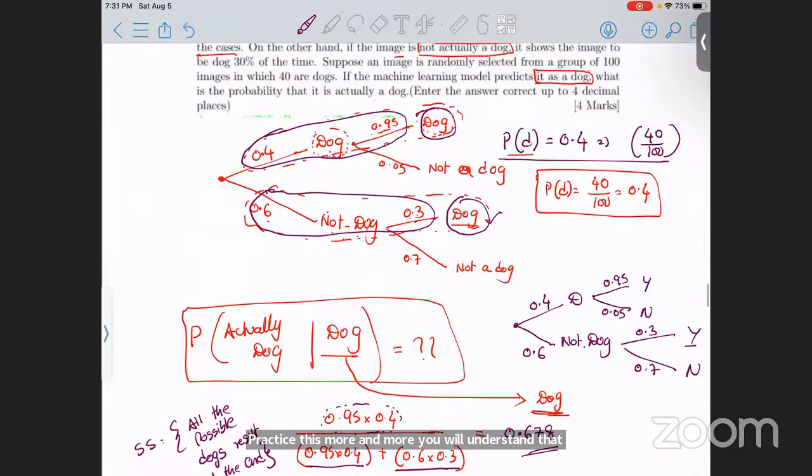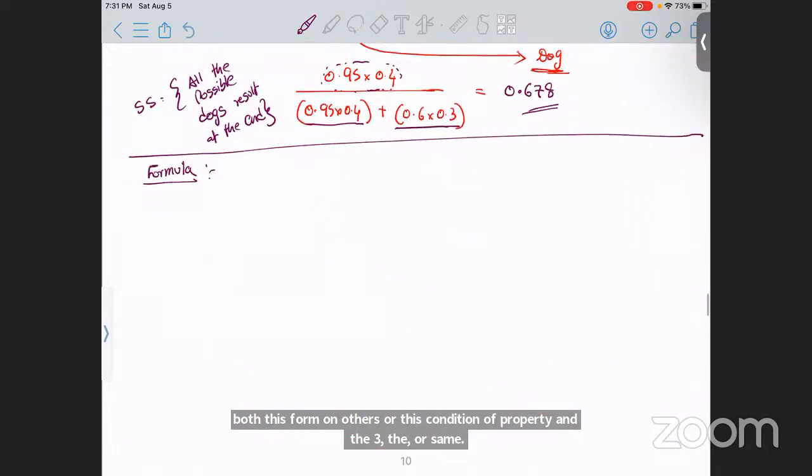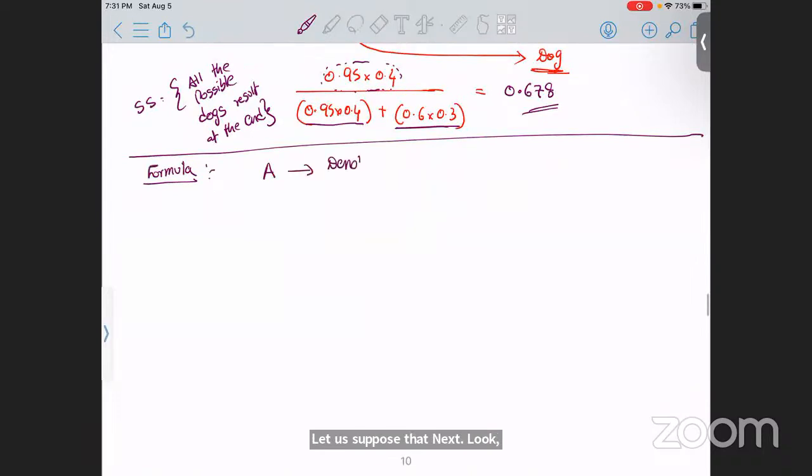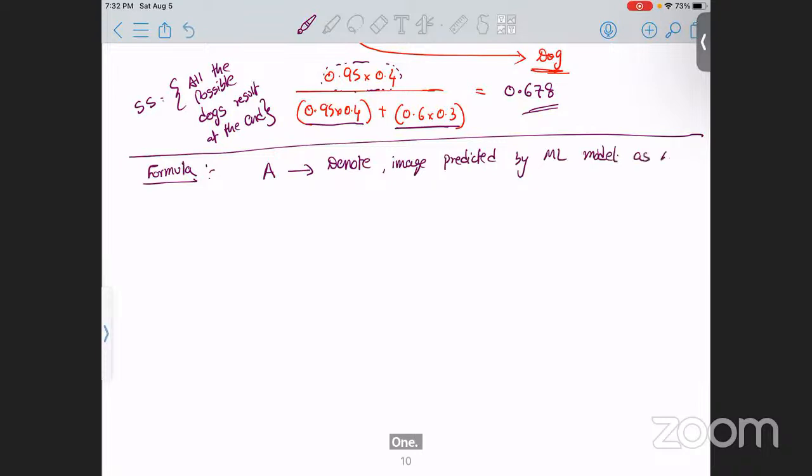Let us suppose, let A denote the result, image predicted by ML model as dog.